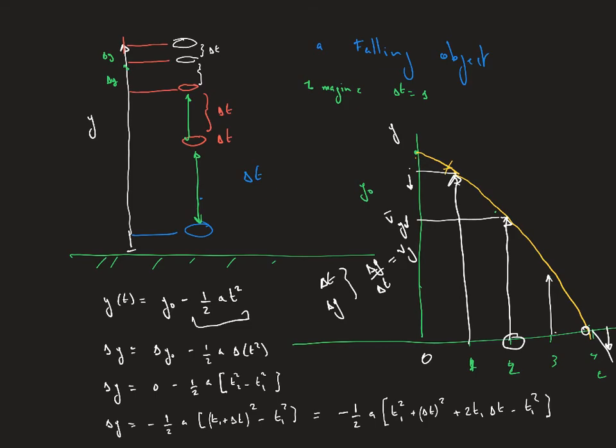So try to find delta y divided by delta t, and make the calculation. Let's say that your curve is like this: y of t equal 100 minus 10 times t squared. Draw this graph.